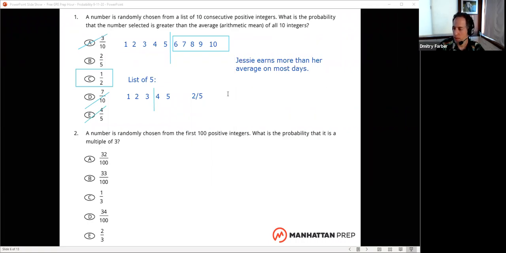How could that be possible? Yeah, I need a spread. It's totally possible, right? On some days she earns less. In fact, most people earn more than their average on most days because most of us, I hope, have some days off.